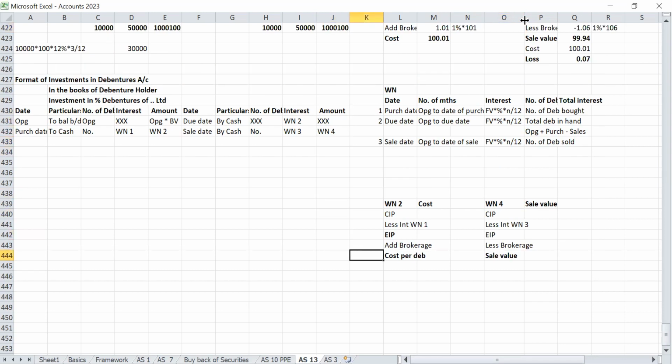Then whenever there is a sale, we have to compute profit or loss. For that, we deduct the cost per debenture. That will be your profit or loss. That profit or loss will be transferred to the profit and loss account. Sale date, to P&L if there is a profit as per working note number 4.